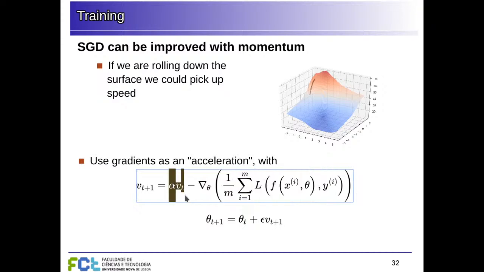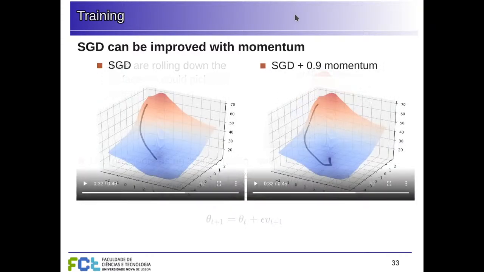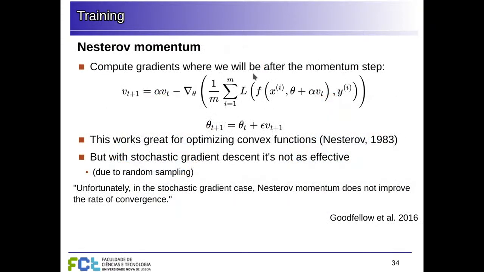Since we are using momentum and we already have some velocity, if we take this step first and then compute the gradient, maybe we can have more information about what the real gradient is. This is the idea of Nesterov momentum. Instead of estimating the gradient exactly at theta, at this set of parameters, we are actually looking ahead and seeing what the gradient will be if we take this step first.